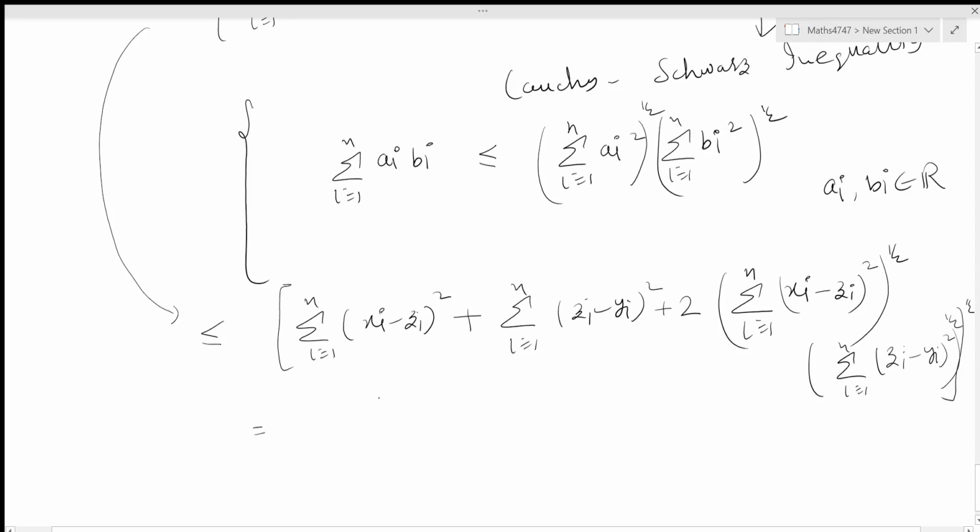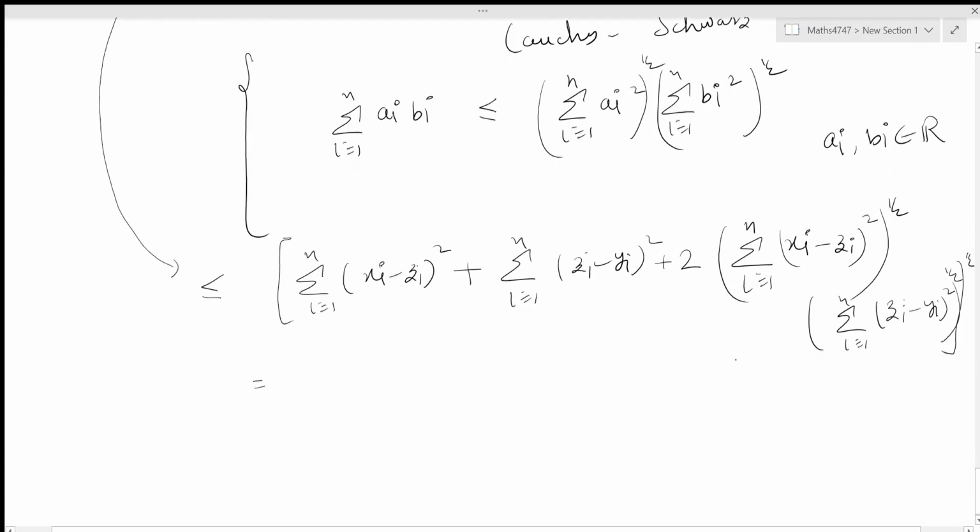So what is this? This is a perfect square of what? This term, these two terms.